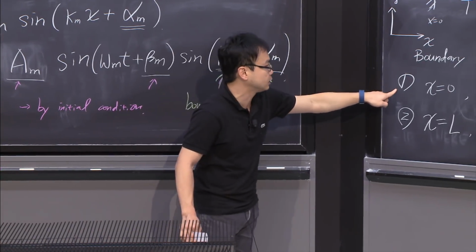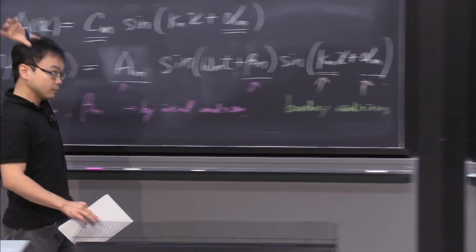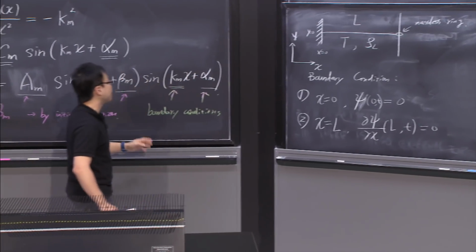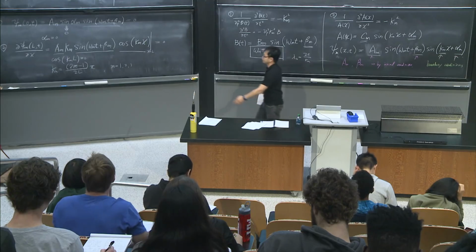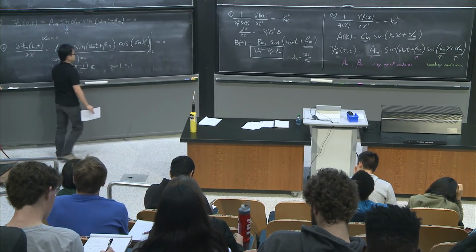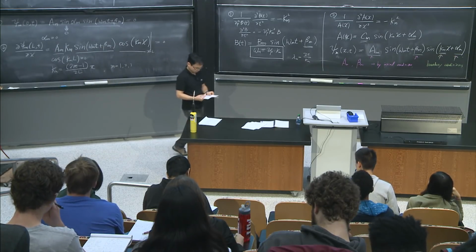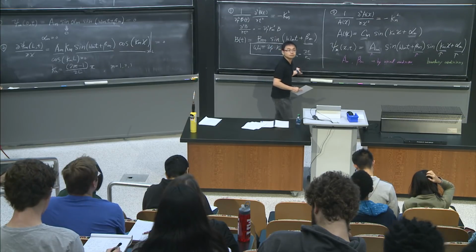The first condition at x equal to 0 determines alpha n. The second boundary condition also helps us determine the possible kn values, and that is listed here. Okay? Any questions? No? Okay.